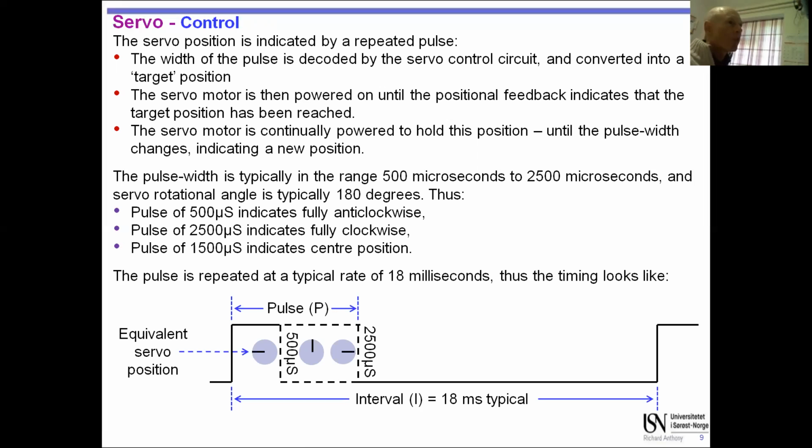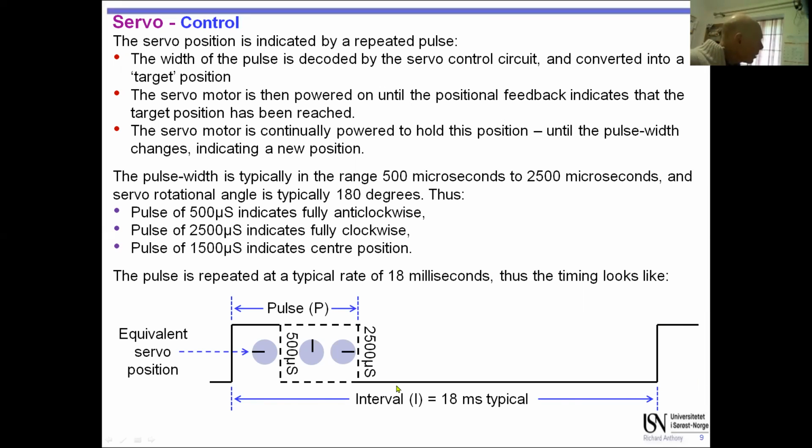And I've tried it with quite a few different servos. So we always aim at 18, and all my sample code aims at 18 or near enough, because it's in a safe range. Okay, and the servo electronics in that control circuit are expecting a pulse to be in that kind of range, and then it will look for the edge again. If it sees the edge after 16 or up to 20, it will know it's a new start.